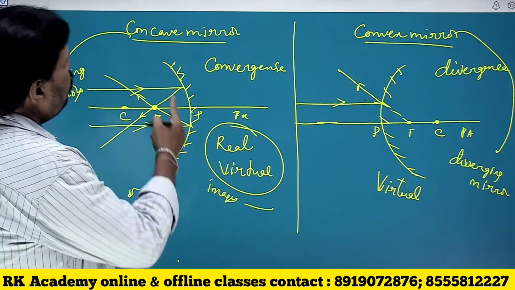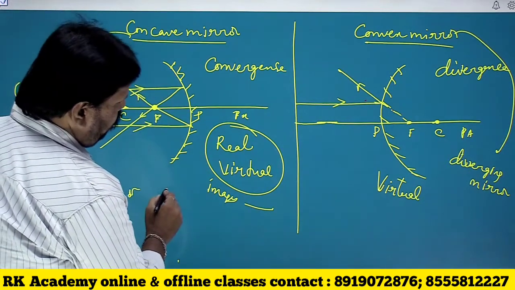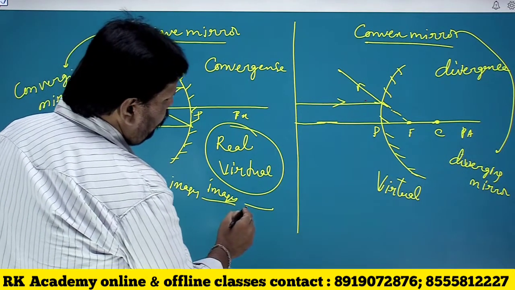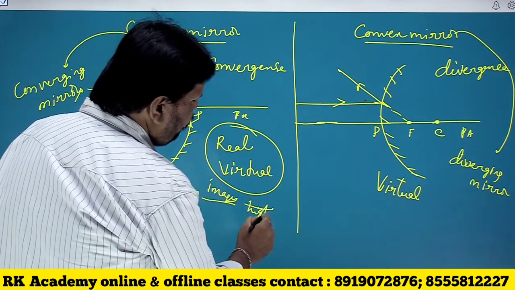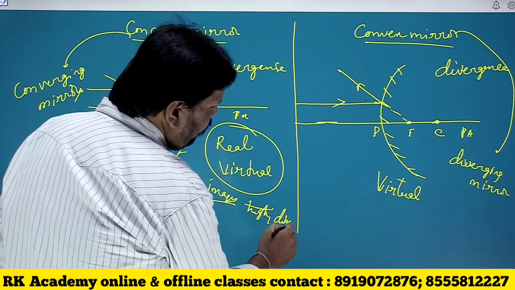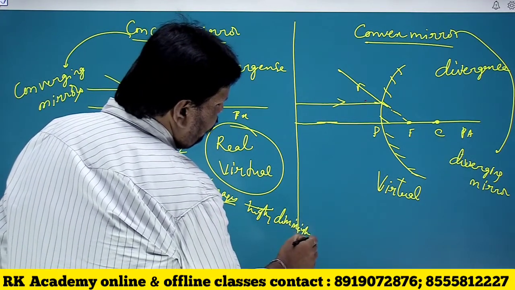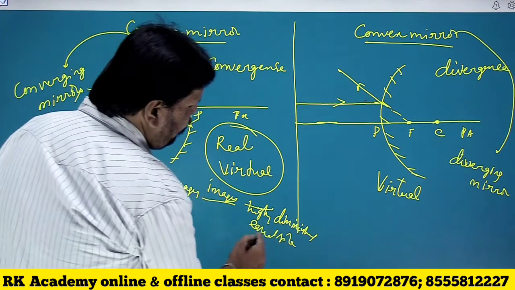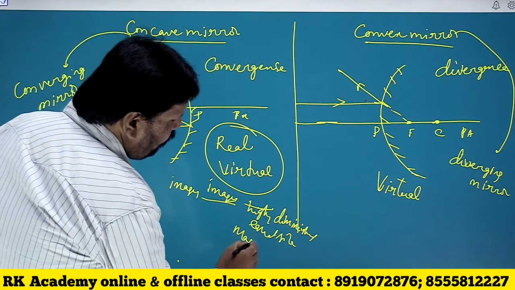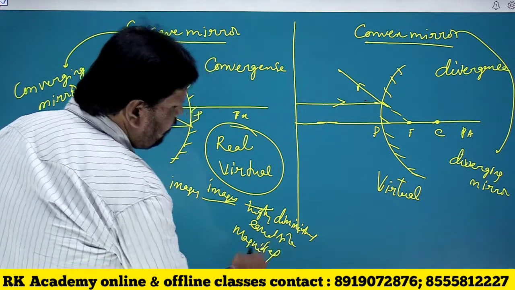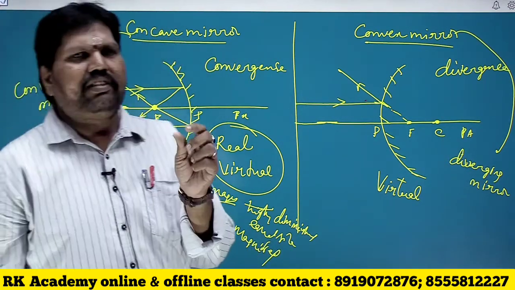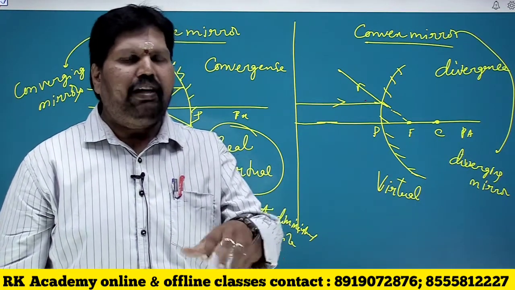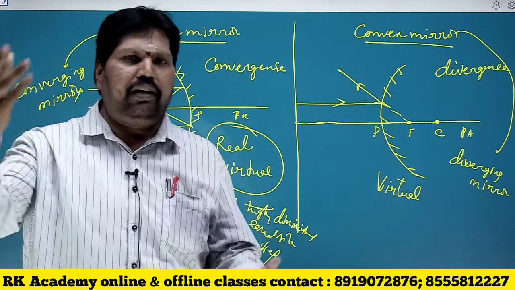And by using a concave mirror, we get images that are highly diminished, that is small, equal size, and magnified. We can get three kinds of images: those may be diminished, small size; those may be of the same size; and those may be magnified, which are enlarged.